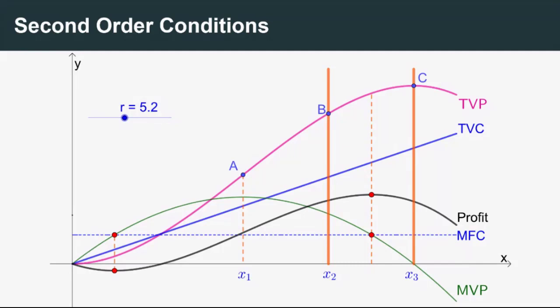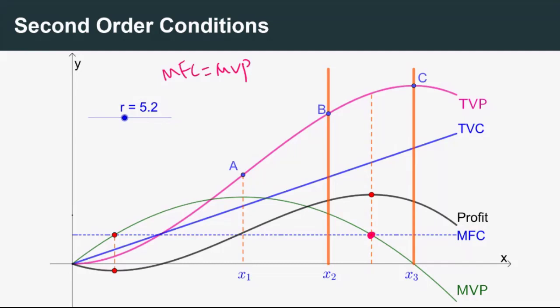So this is the graph. If you only use the first condition, which is MFC equals MVP, you can notice this is a point I have just shown you where MFC equals MVP.